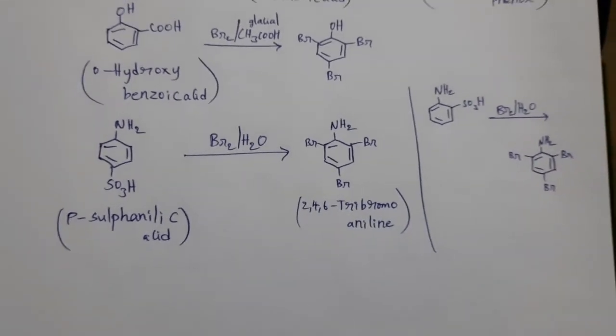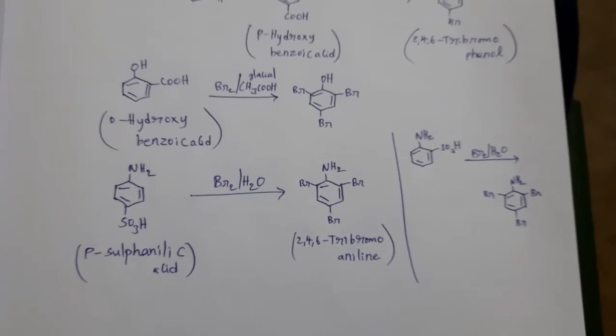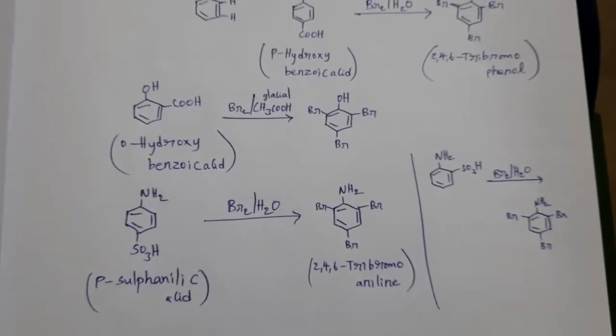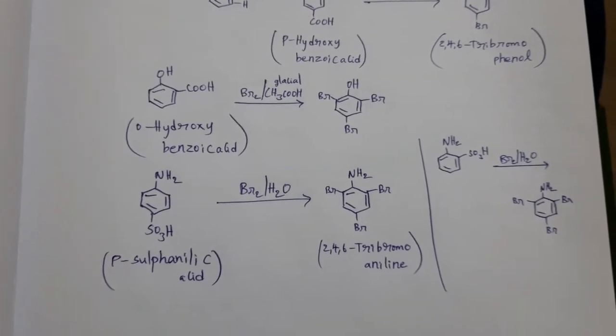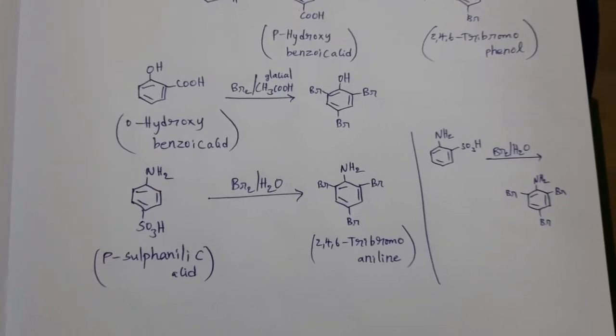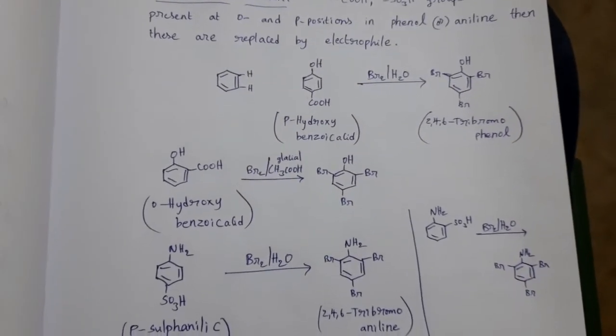So in this way, SO3H and COOH groups present at ortho and para positions in phenol or aniline are replaced by electrophile. So this type of substitution is called ipso substitution reaction.